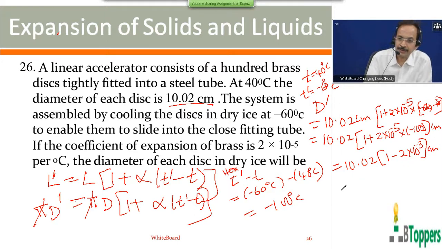So this you can simplify further. It is 10.02 minus 2 into 10.02 into 10 power minus 3.